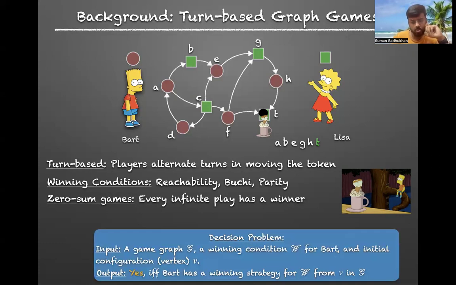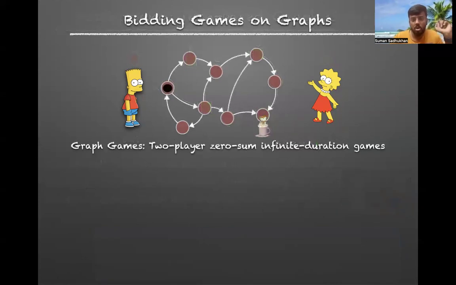And the decision problem that we are interested in is that, given such a game graph and a winning condition like this, and an initial configuration, which for this example is just an initial vertex, we ask whether Bart has a winning strategy. So this is a two-player zero-sum turn-based game. But in this talk, we remove the ownership of the game graph.